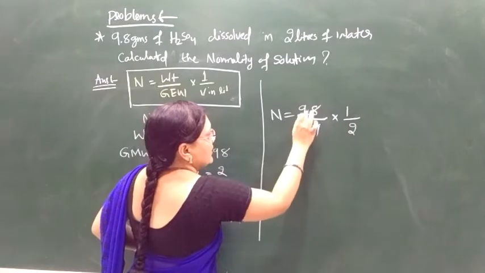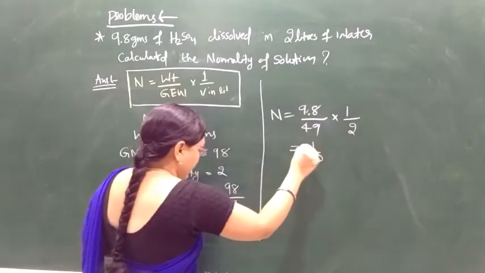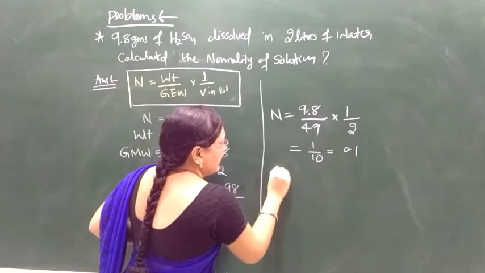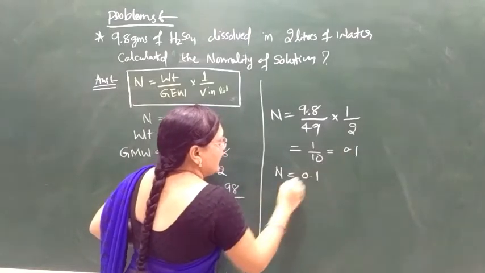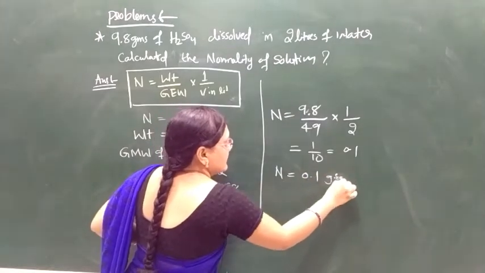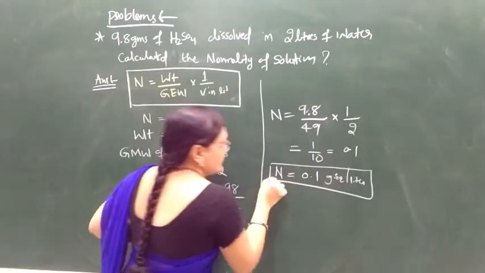This calculation is 1 by 10 equal to 0.1. Normality equal to 0.1 N, gram equivalents per liter.